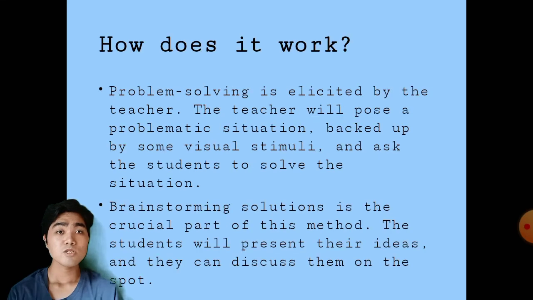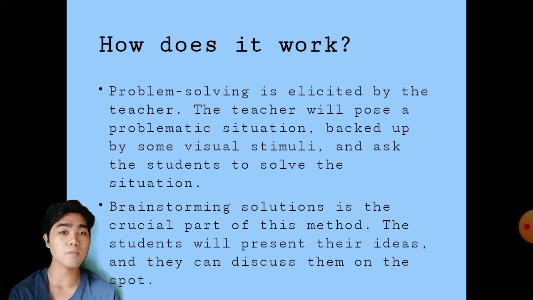So how does a participatory approach work? Problem solving is elicited by the teacher. The teacher will pose a problematic situation backed up by some visual stimuli and ask the students to solve the situation. So also brainstorming solutions is the crucial part of this method.